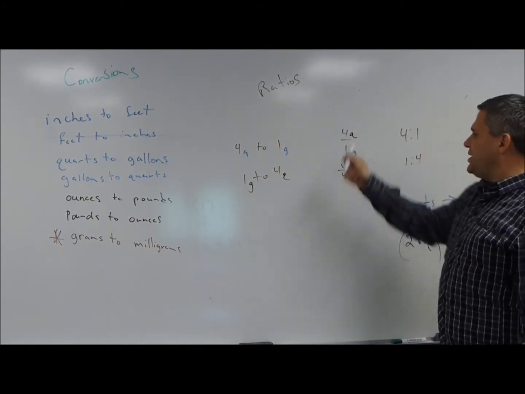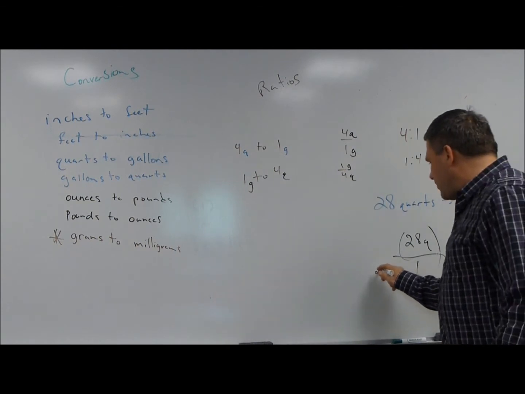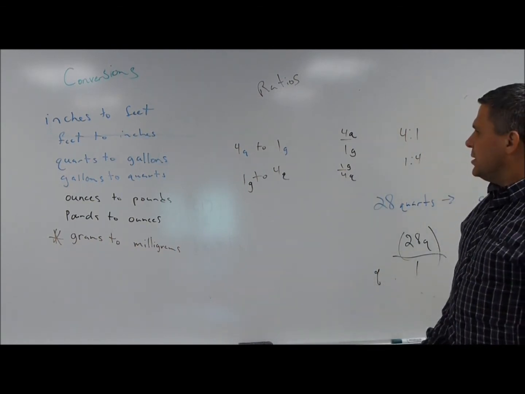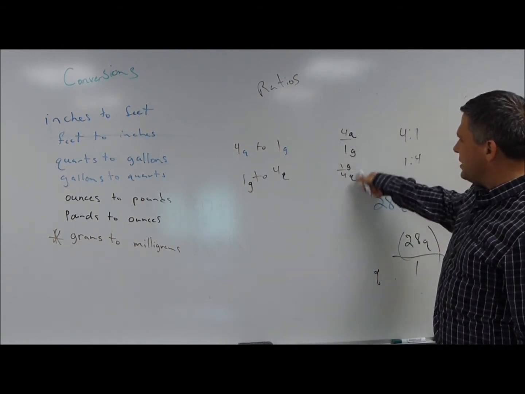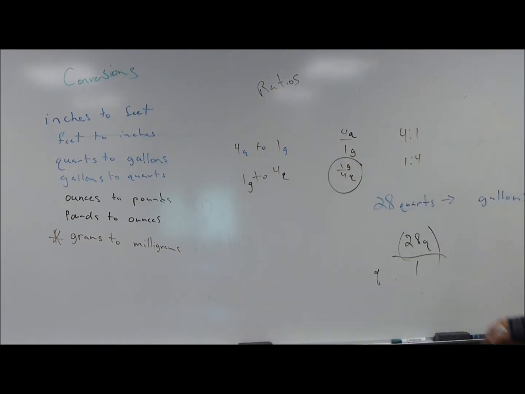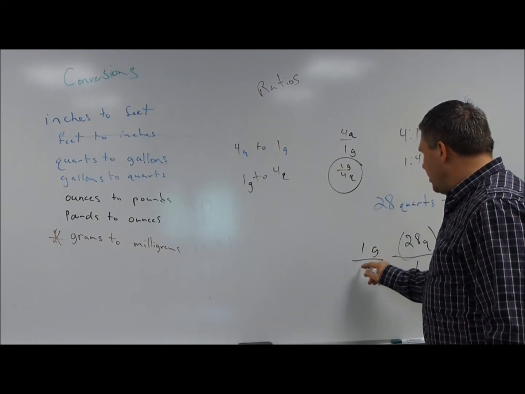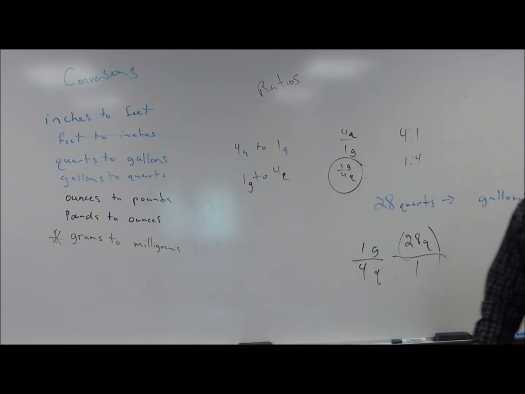So which ratio am I going to grab in order to get rid of this quart? That means I have to have quarts on the bottom, right? So I grab the ratio that has quarts on the bottom. So now I've got 1 gallon per 4 quarts. Does that make sense?